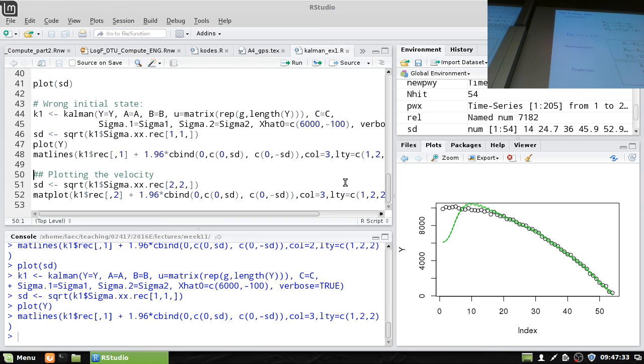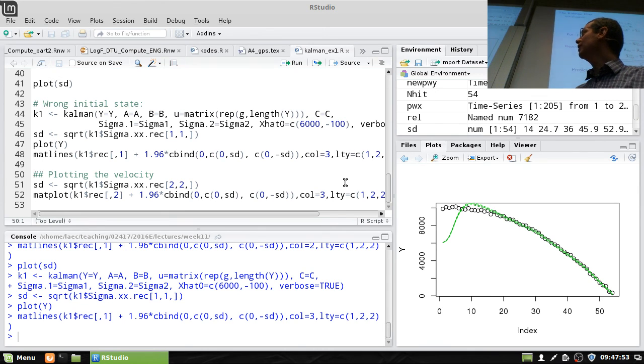So it doesn't matter, we'll discuss more in detail next week. If you make a small error initially, it's not the end of the day, you just need enough observations. And typically when you have systems like this, you will have updates quite frequently. So that's one of the nice things.